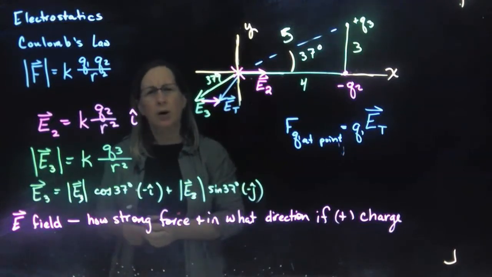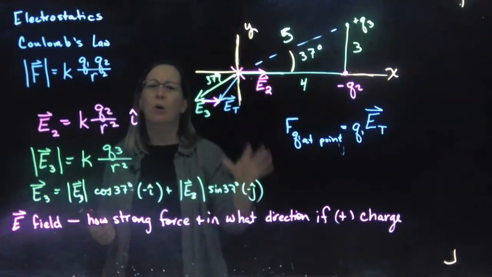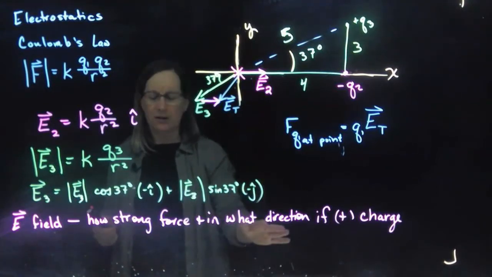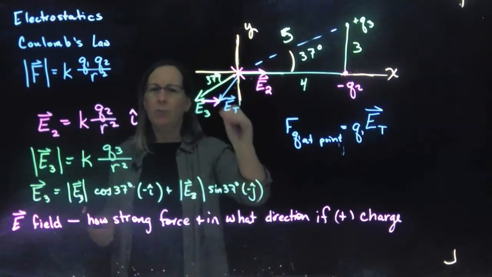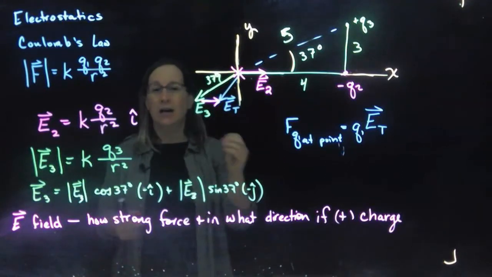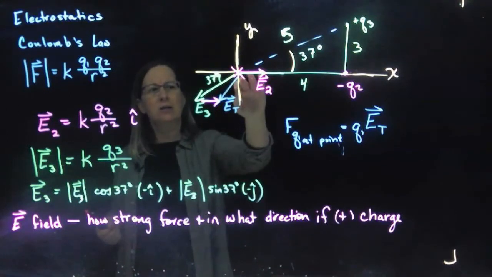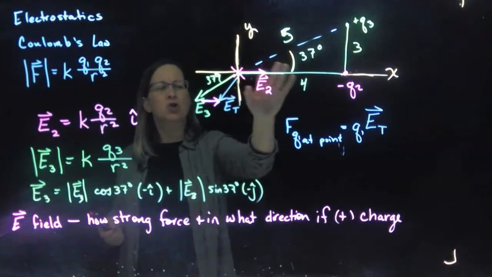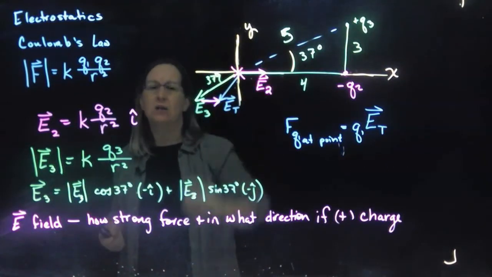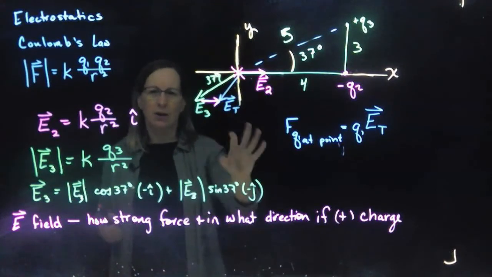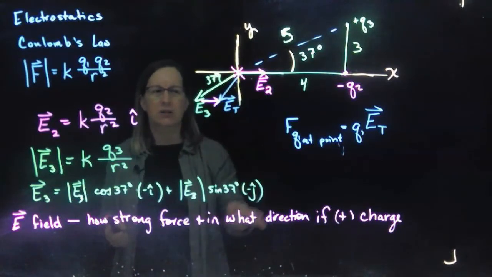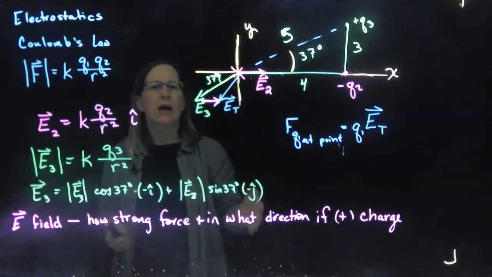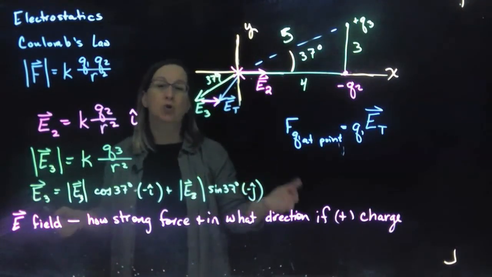And so what we try to do is make an electric field map for a situation so that we can say, if I put a test charge in this location, the test charge points in the direction of the electric field. That's the job of a test charge, is to say, what direction does this electric field point? And then how strong is it going to be?